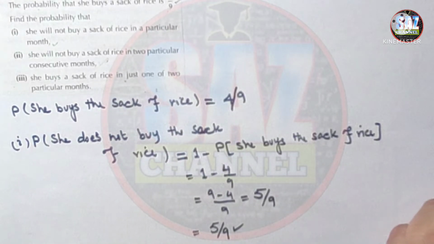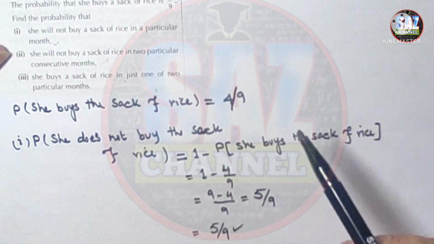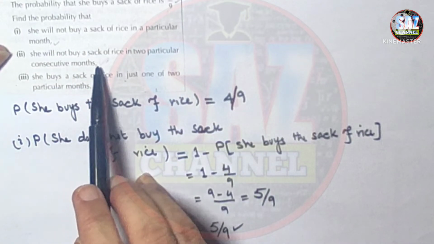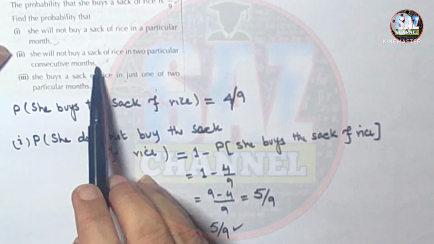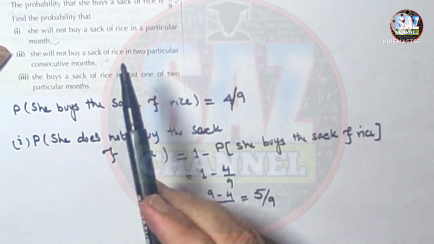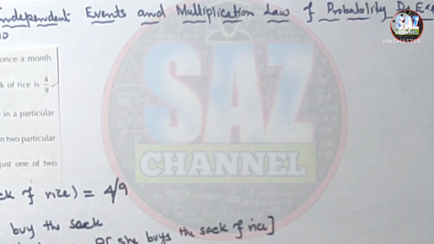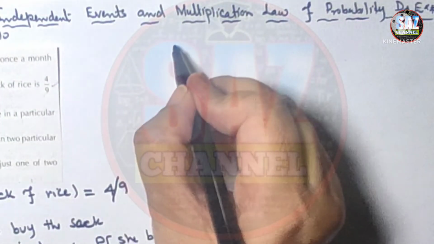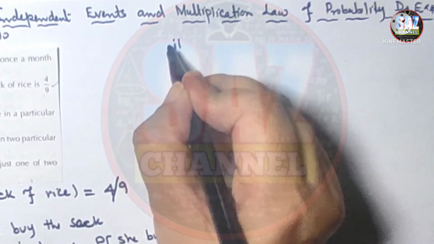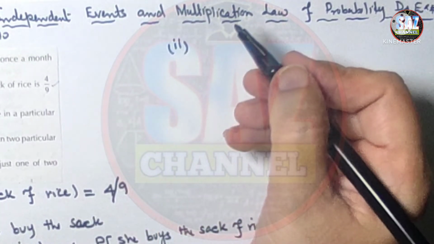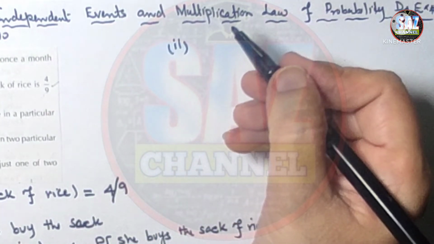And the second part says she will not buy the sack of rice in two particular consecutive months. So for this part, it means that she does not buy the sack of rice in the first month and in the second month.